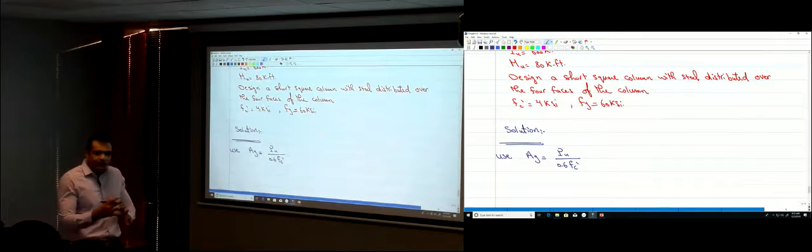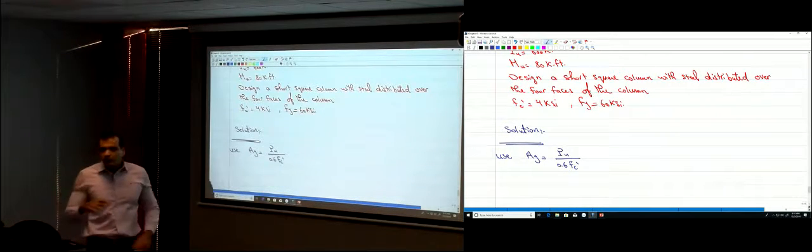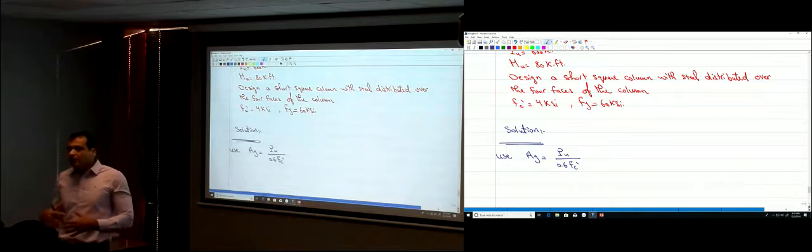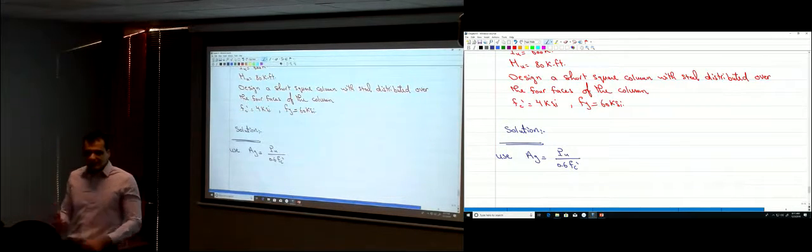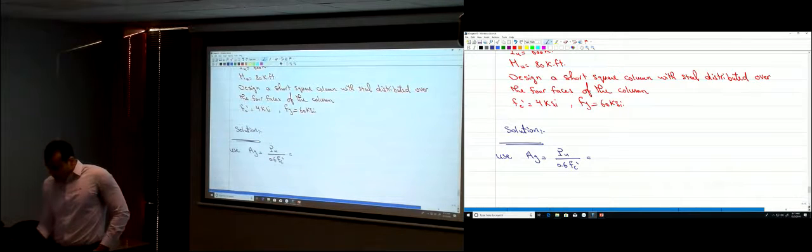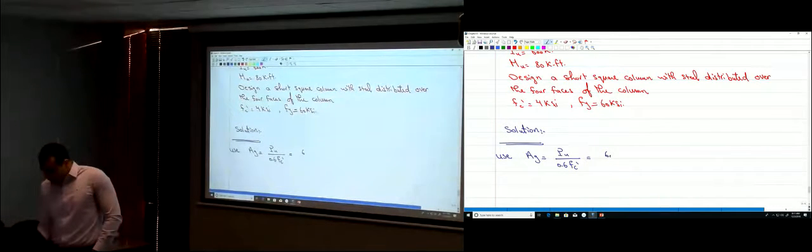I'm just getting some initial dimensions, and then the area steel will complete my design to fulfill that this column really can resist those loads. This equation is just something out of the blue. It doesn't have any mathematical or scientific background, just an assumption. So P ultimate is 600 K divided by 0.6 Fc prime, where Fc prime is 4 ksi.